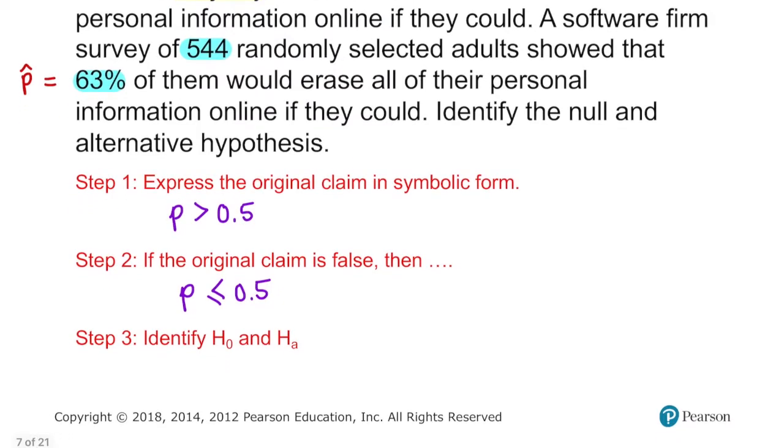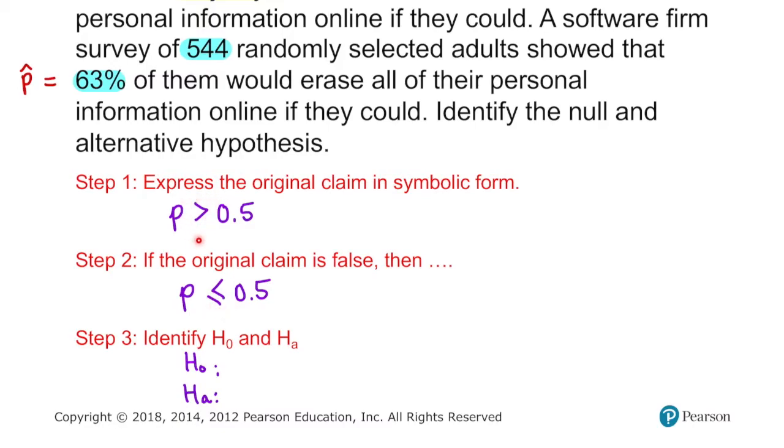From here, I am going to identify my H0 and HA. From the two statements that you have from the first two steps, you are going to pick the one with no equal sign for your HA. This one has an equal sign, so it could not be in your HA.